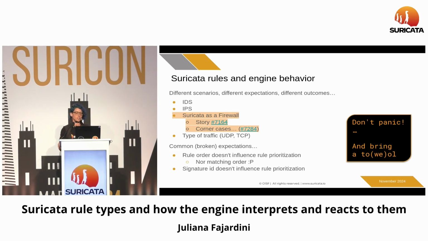This happens when you have what should be, in everyone's understanding, an app layer rule, but if you try to match on the flow, say flow stateless or not, then it will become not an app layer rule, but a packet rule.